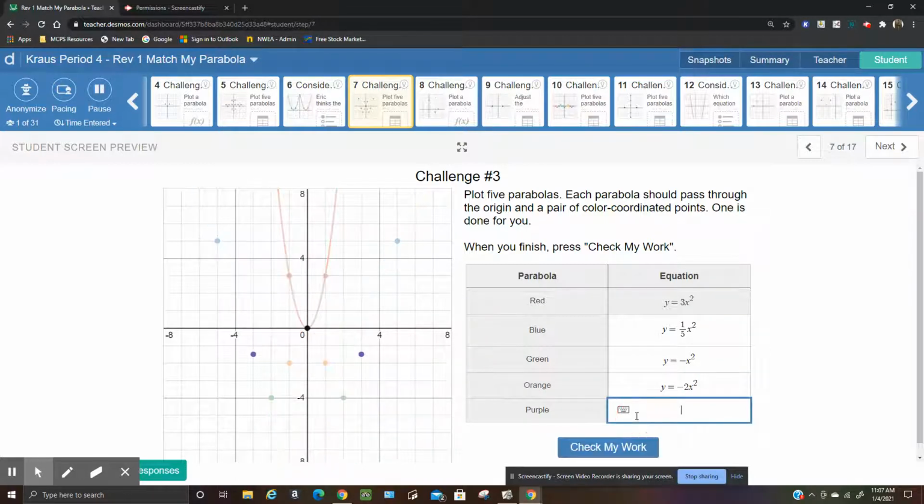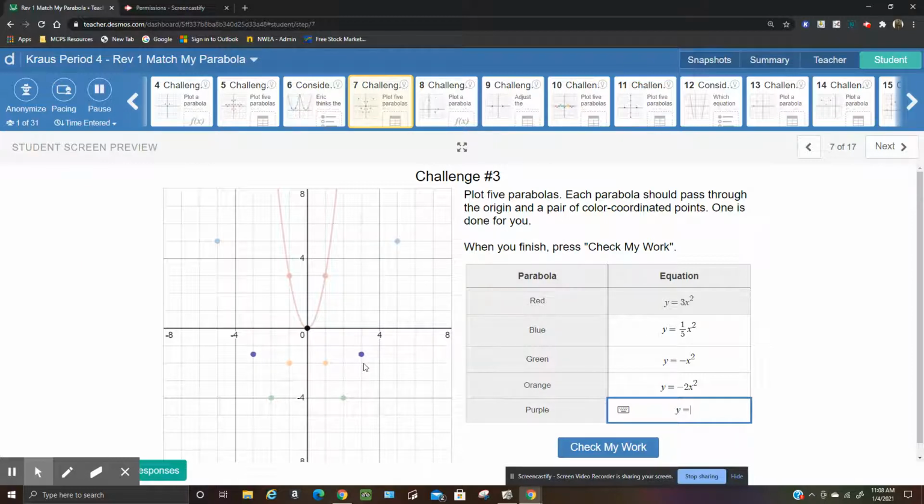And then the purple one, if I go over 3, I want to go down 9, but I only went down 1.5, so 9 times A equals 3 halves.